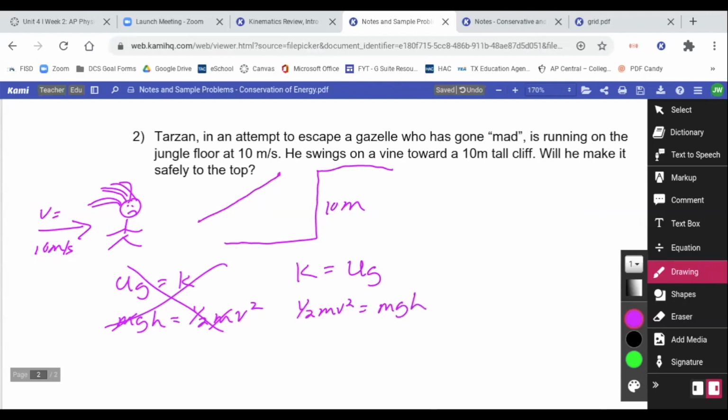It's the same thing. I just feel better about writing it in the order that's relevant, right? Masses cancel out. I'm going to divide both sides by g so that we can solve for h. We want to see how high will he get based on the velocity that he has. That would give me v squared over 2g is equal to the height.